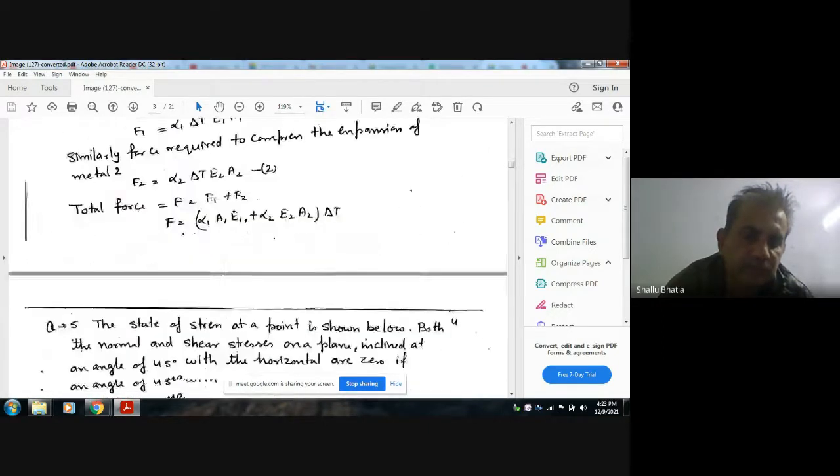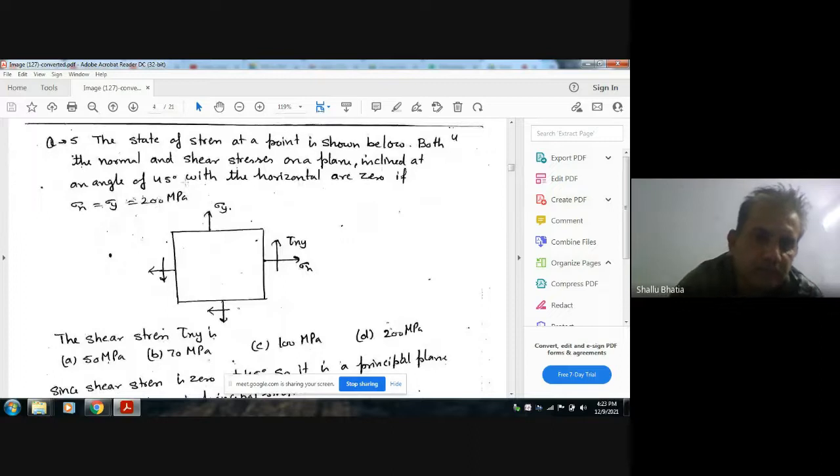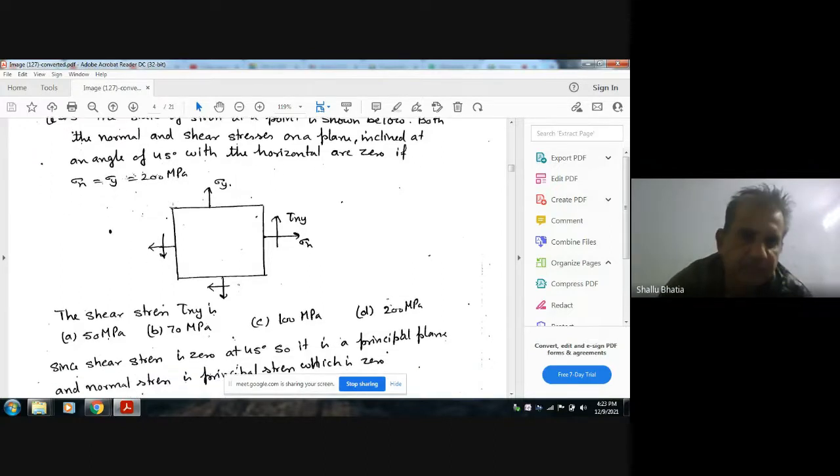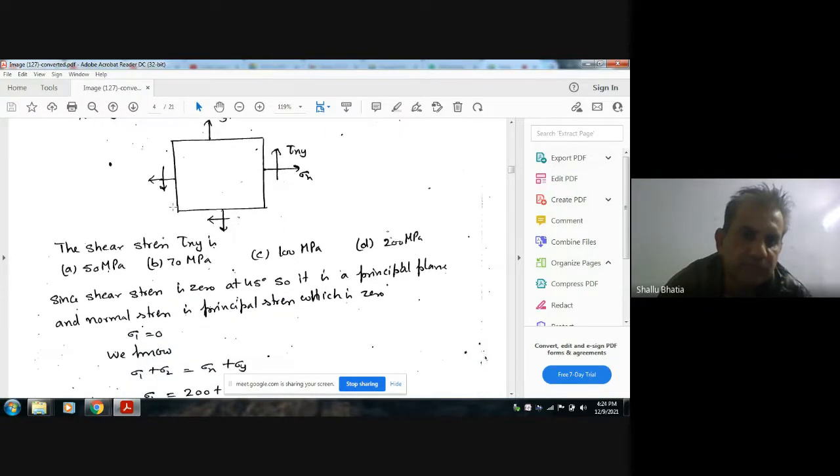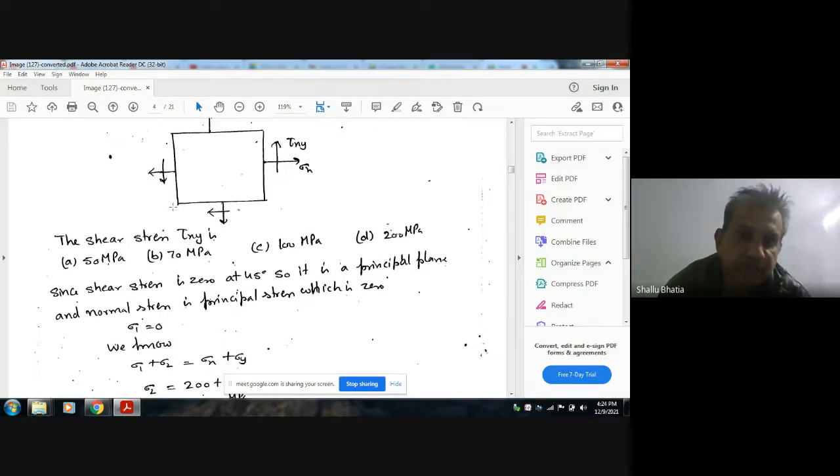Next question. The state of stress at a point is shown below. Both the normal and shear stresses on a plane inclined at an angle of 45 degrees with the horizontal are 0. If sigma x and sigma y are equal to 100 MPa, then shear stress tau xy is: option A 50 MPa, option B 70 MPa, option C 100 MPa, option D 200 MPa.